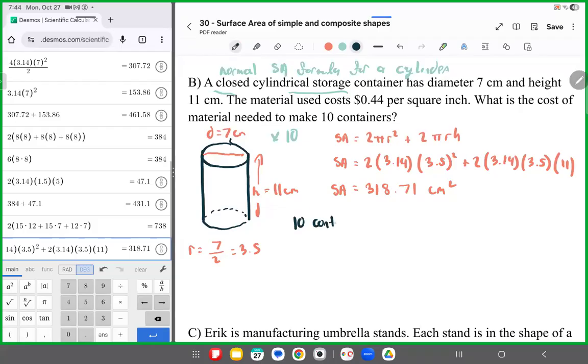So 10 containers would be equal to 10 multiplied by 318.71 centimeters squared. This calculation is pretty easy to do. That's going to be 3,187.1 centimeters squared.